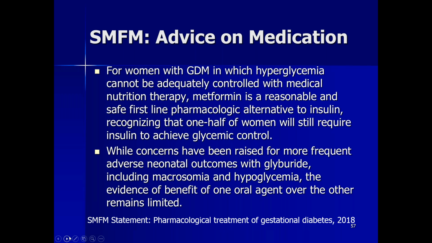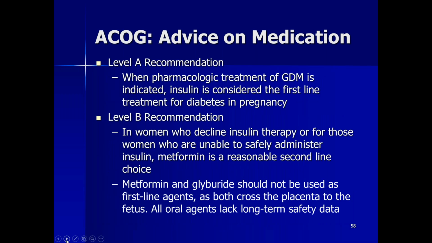Again, this was published in direct reaction to the publications from the American Diabetes Association and the American College of OBGYN. So recognize that there is a controversy in that, but discuss it thoroughly within your team. I would say that the pendulum has definitely swung back clinically to most women starting on insulin. And I do think, especially since metformin does have such high failure rates, that I prefer insulin as a first-line therapy as well.